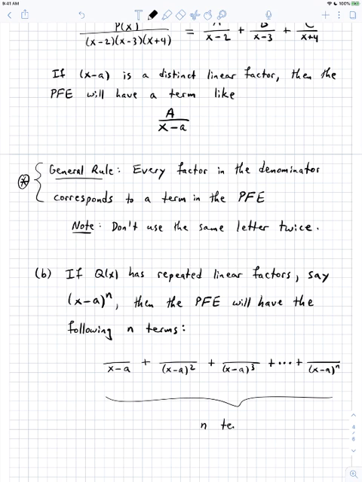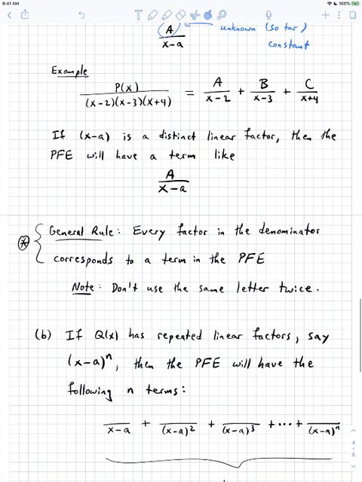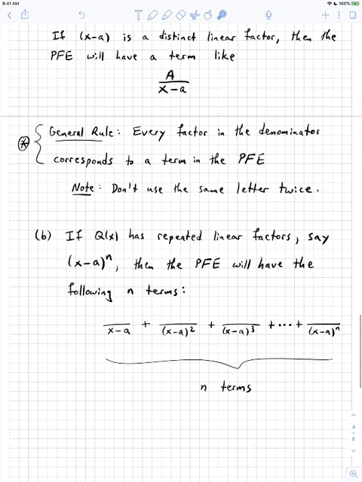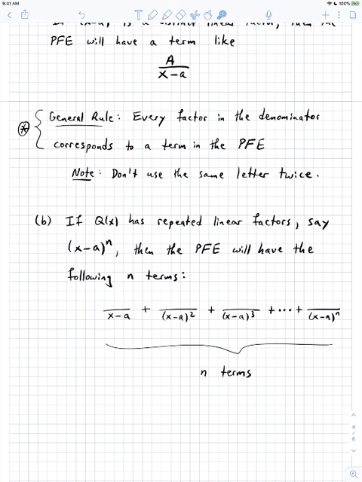I know that there are n terms because my Q of x has a repeated linear factor and there are n of those. If there are n factors, you get n terms. Remember our general rule here. Every factor in the denominator corresponds to a term in the partial fractions expansion. So if you have a repeated linear factor that looks like x minus a to the n, there are n factors there. So those n factors correspond to n terms.